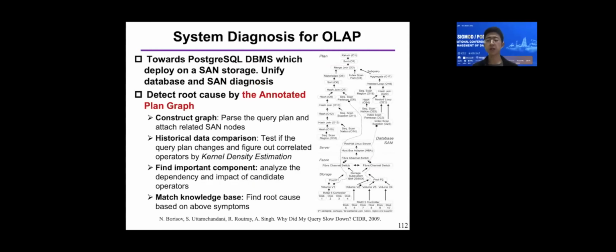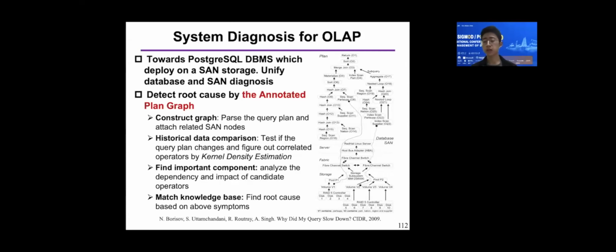It first builds a graph by parsing the query plans as a tree, and then it correlates the operators in the SAN model with the nodes in the tree. And then it compares the newly built tree with the historical data and judges whether the query plan has changed and which operators consume much more time.